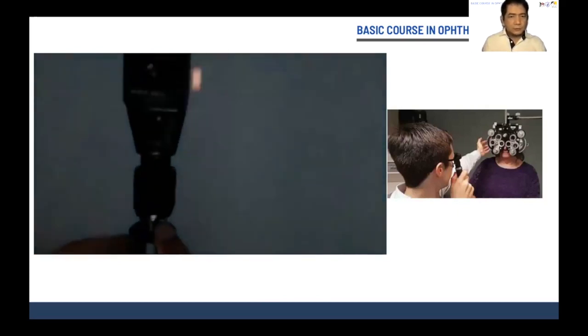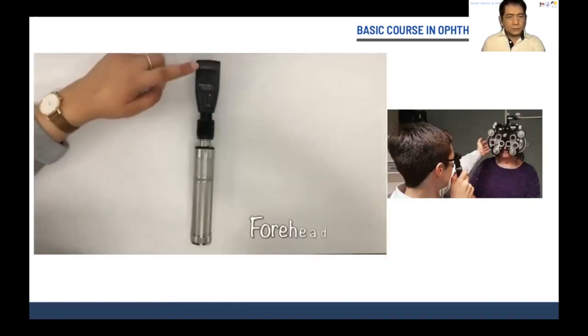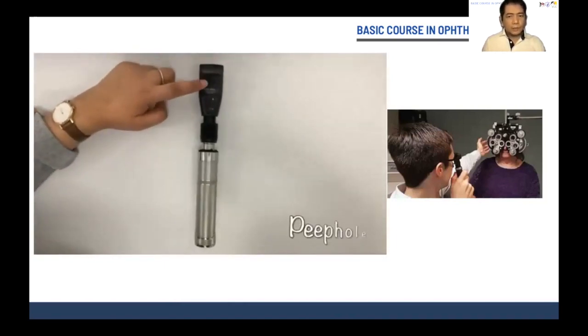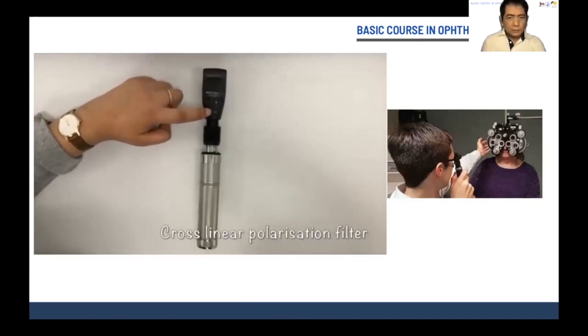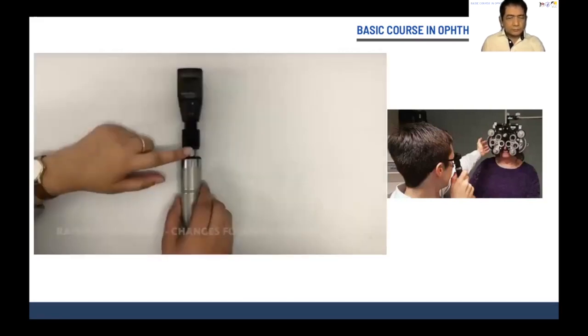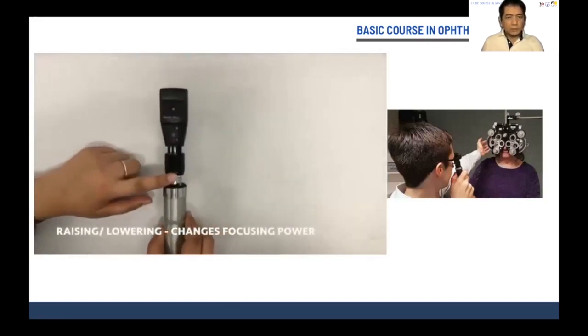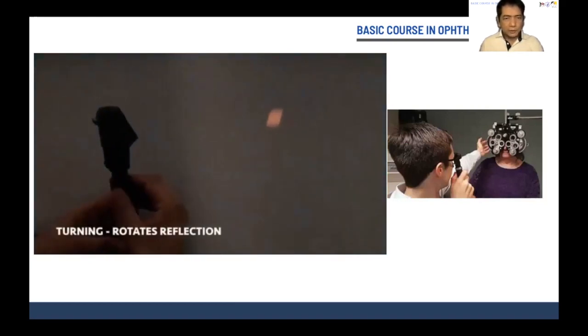Rotating it will open the power of the retinoscope. You have the forehead rest, the peephole, the cross-linear polarization filter, and the focusing sleeve. The sleeve can be manipulated upward and downwards, or you can rotate it to rotate the streak.